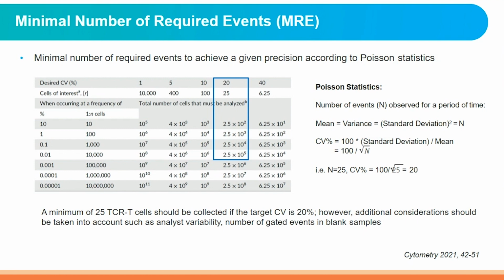For example, if we have 25 events in the gate, the percent CV will be expected around 20%. That means if we target a CV of 20%, we should collect a minimum of 25 cells in the gate. I would say this number should be the starting point.